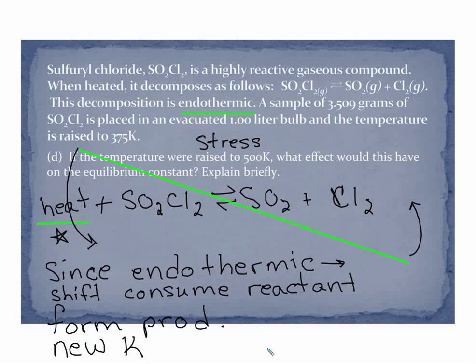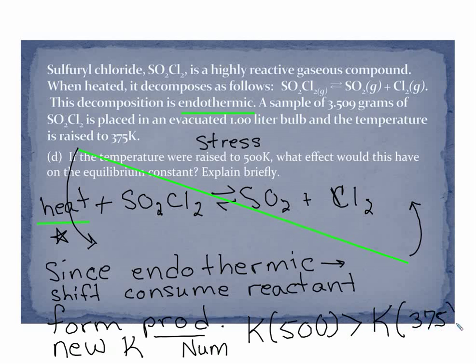Now, in this case, I'm going to make a new K. My K at 500, since I have more product and product is in the numerator, would be greater than my K at 375. So when it's a Le Chatelier and you are changing temperatures, we're not reestablishing the same equilibrium, we're going back to a new equilibrium. Okay, so that would be your justification.